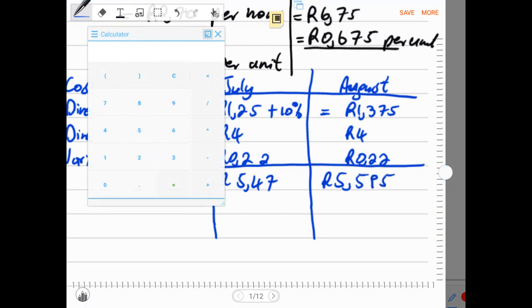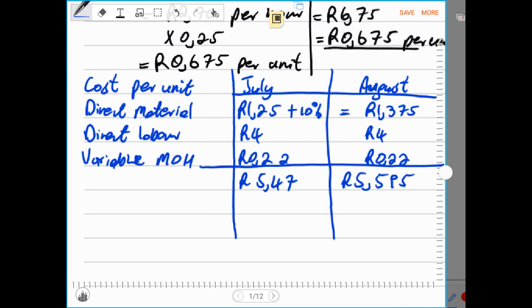So this will be our variable cost per unit. Therefore, now we have to add our fixed cost per unit.